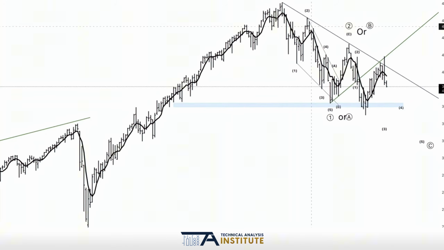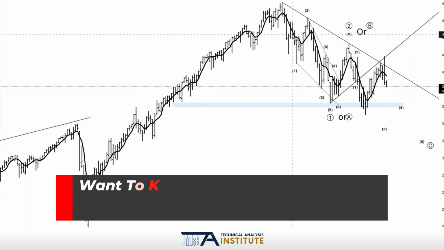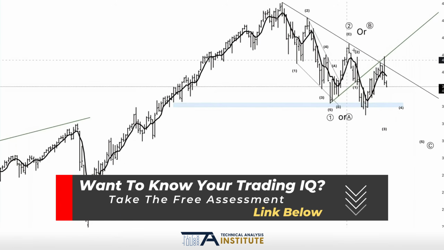And remember how we have these two counts, where we are looking at the possibility that the 1 ended here or that the 1 ended here. With this little trick, you can see how this tells us 1, 2, 3, 4, and 5.